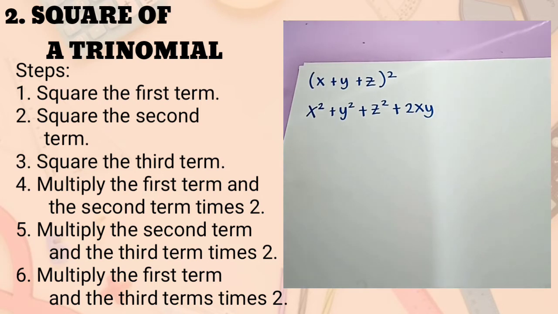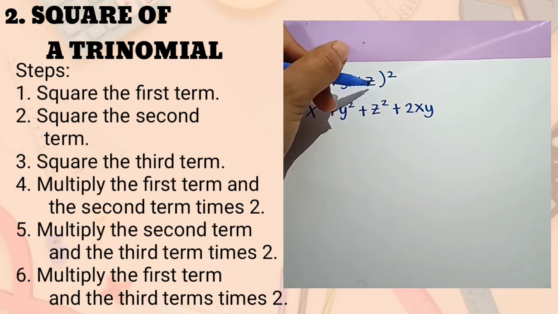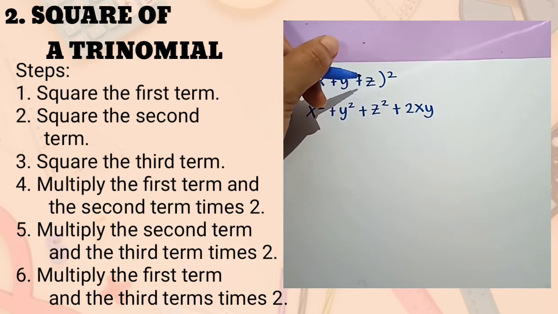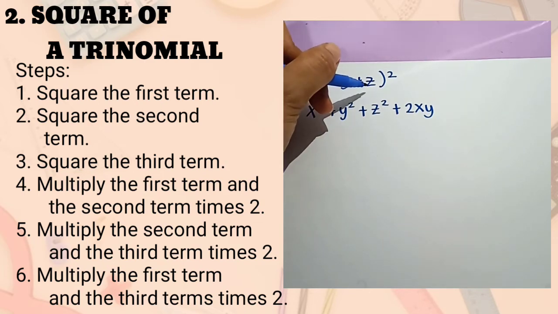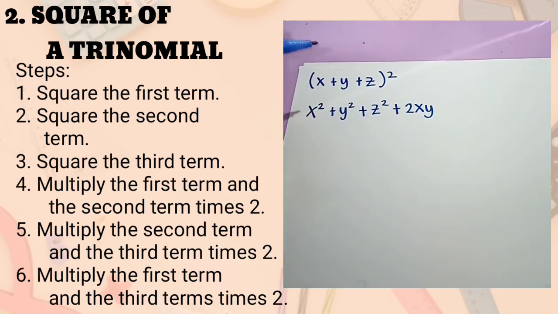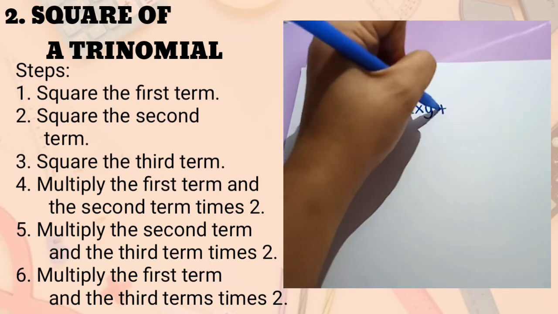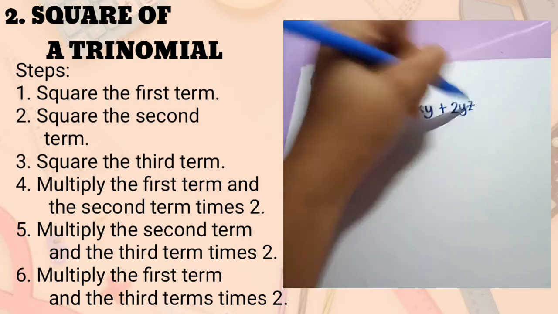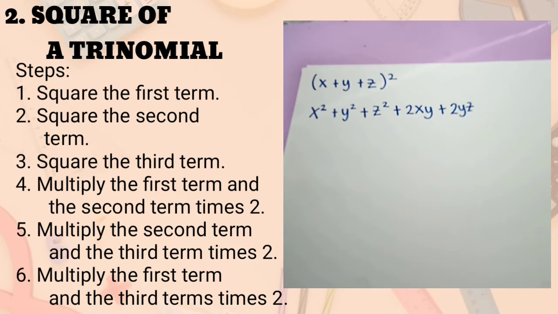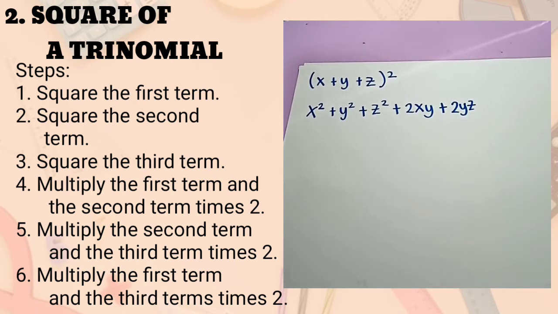Next is, i-multiply naman natin yung second term sa third term, then times 2. So, y times z is equals to yz, times 2 ay equals to 2yz. Then, next, sixth step ay i-multiply naman natin yung unang term or the first term sa third term, then times 2.